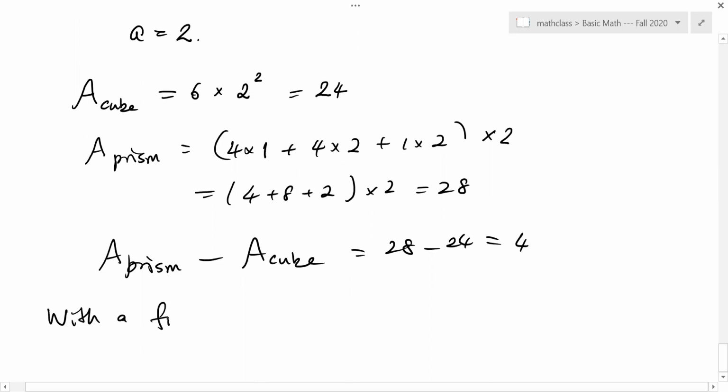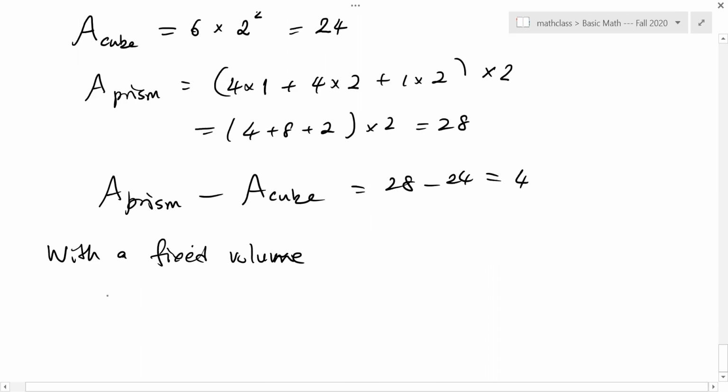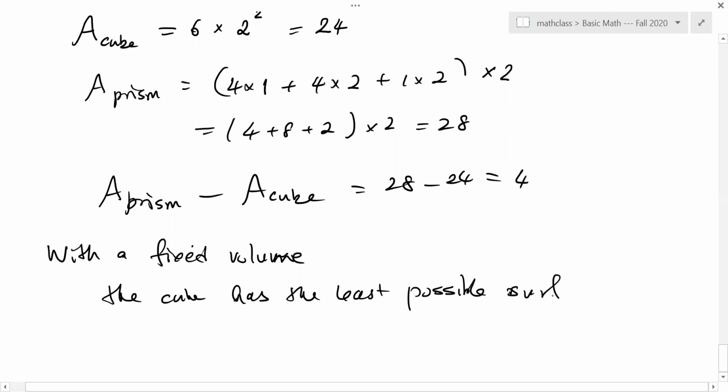What's a fixed volume? Okay. Among all the regular prisms, the cube has the least possible surface area, right?